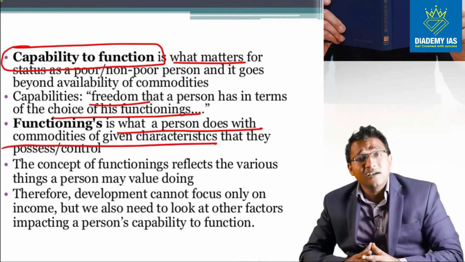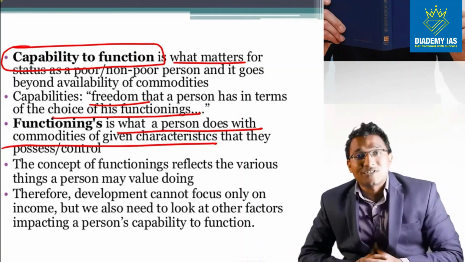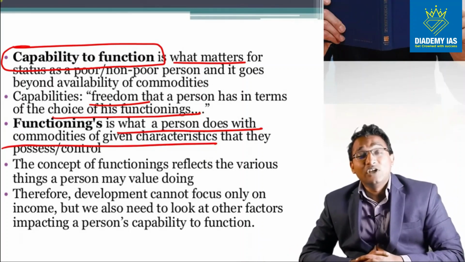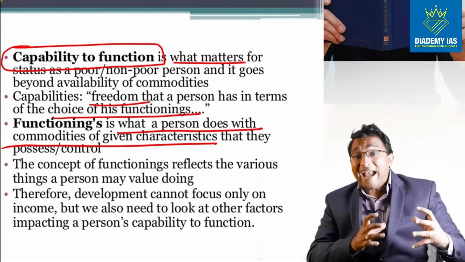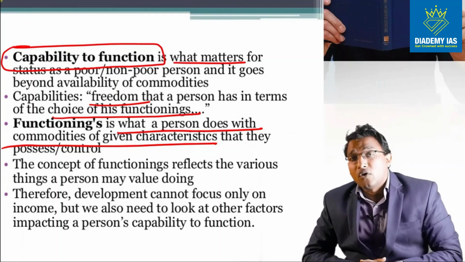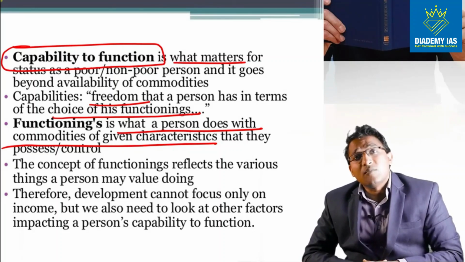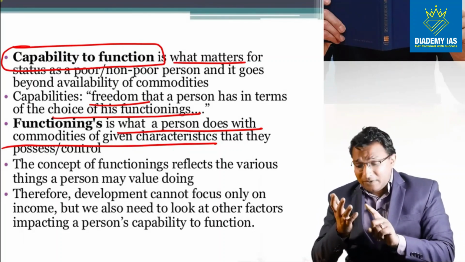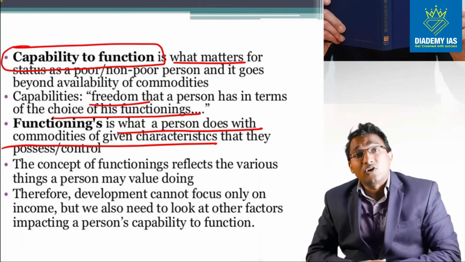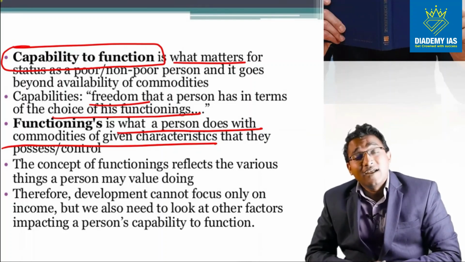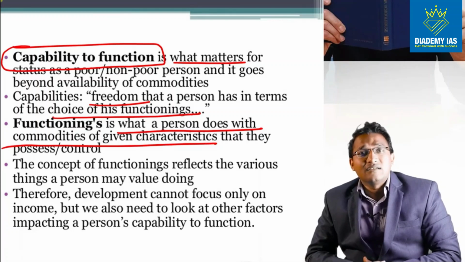The simple meaning is that the person should be able to choose the profession he or she wants to pursue, and the person should be made capable to pursue that particular profession or occupation in a more efficient way, right? So people should be free to choose, and they should be made capable to perform that particular function so that they can lead their life in a better way, and they can lead their life with complete freedom, right? So this is what Amartya Sen says.